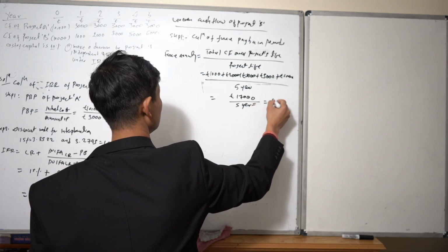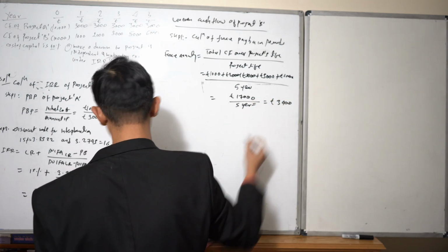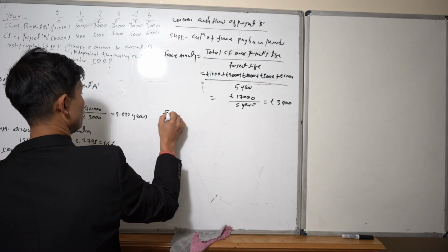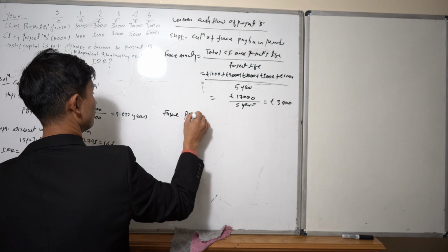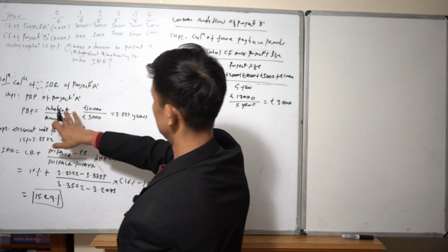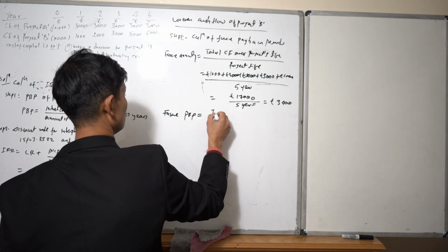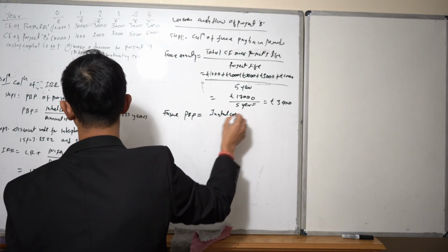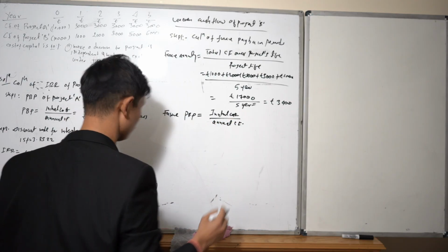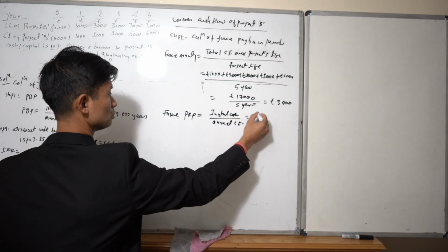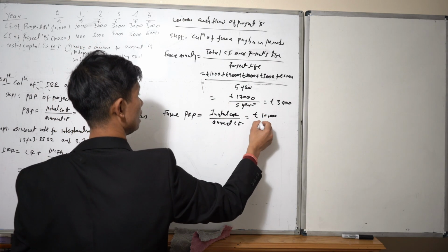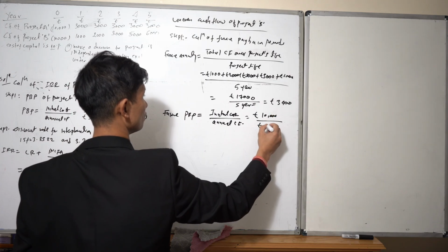We get 17,000 divided by 5 years, which gives 3,400 per year. For the fake payback period, we use the formula initial cost divided by annual cash flow. The initial cost for project B is also 10,000 pound, and the annual cash flow is 3,400.